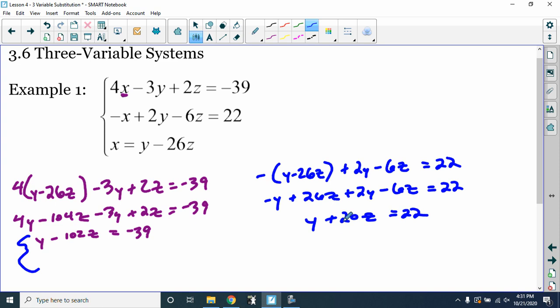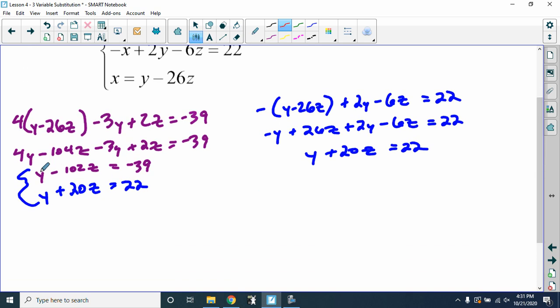So we've got that one, and I'm going to bring this one over. And then we can solve this with either substitution or elimination. Even though we use substitution here to get down to this, we can use elimination from here, which is what I'm going to do. So I want to eliminate the y's.